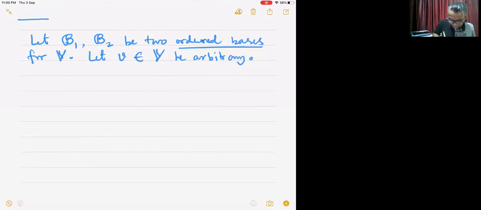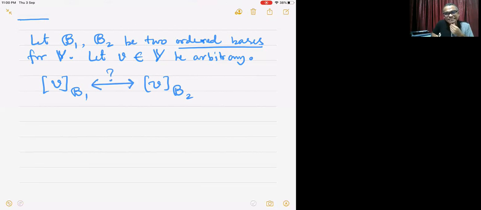Then by the construction that we have had, we must have [v] in B1 and we must also have [v] in B2. What is their relation? How are they related?